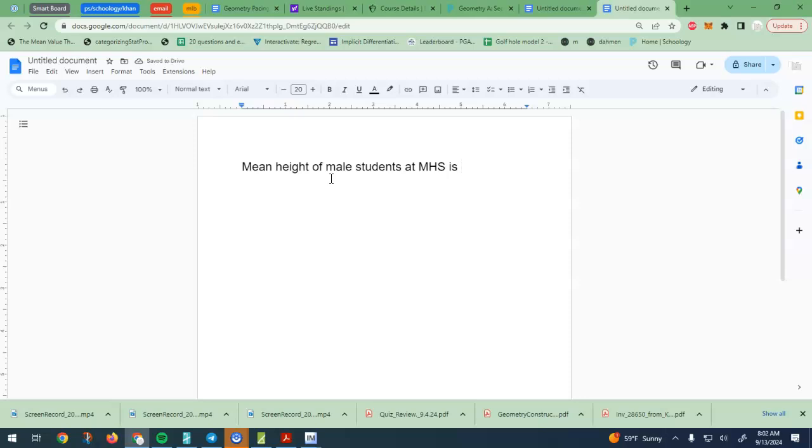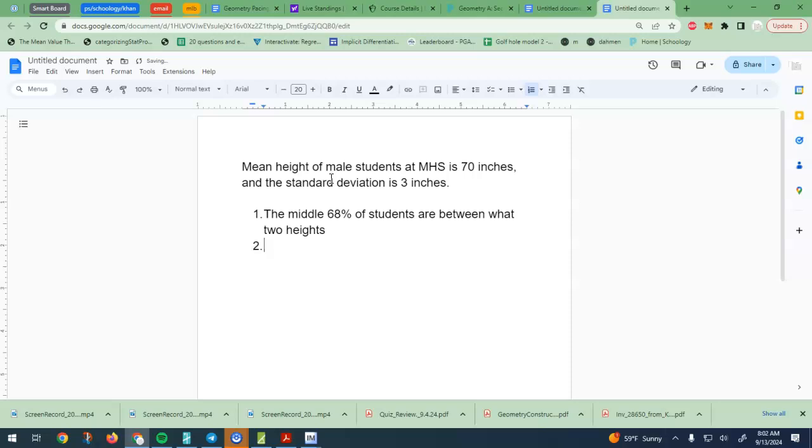What's the average height of male students? 5'10". That's Mr. Packer. Is that text big enough for people in the back?